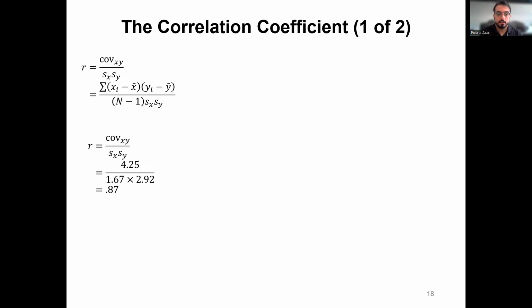There's a positive and a strong relationship because 0.87 is closer to +1, which is the maximum correlation coefficient. We can say there's a positive and a strong relationship or correlation between adverts watched and packets sold.